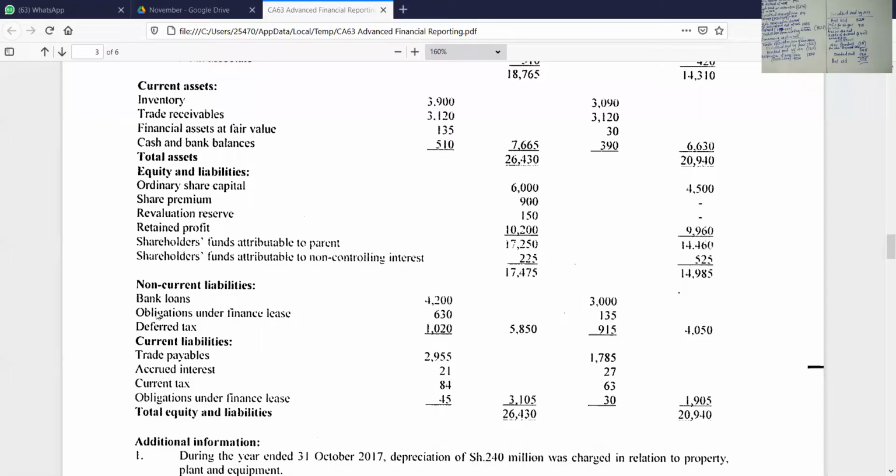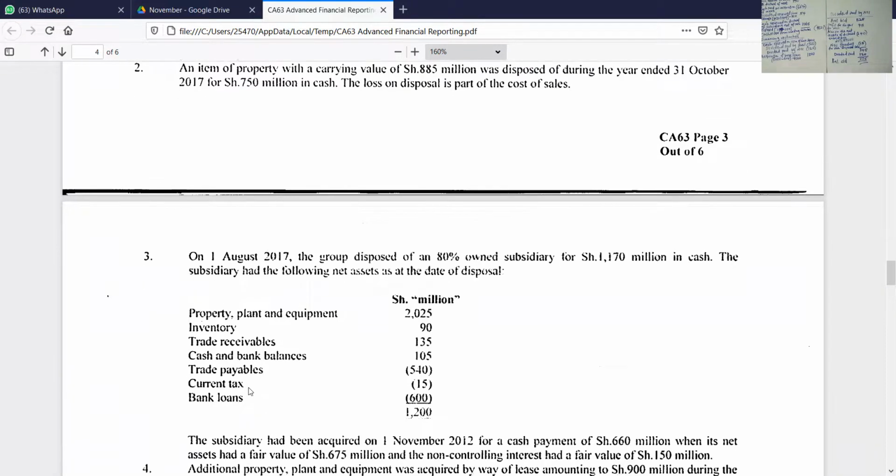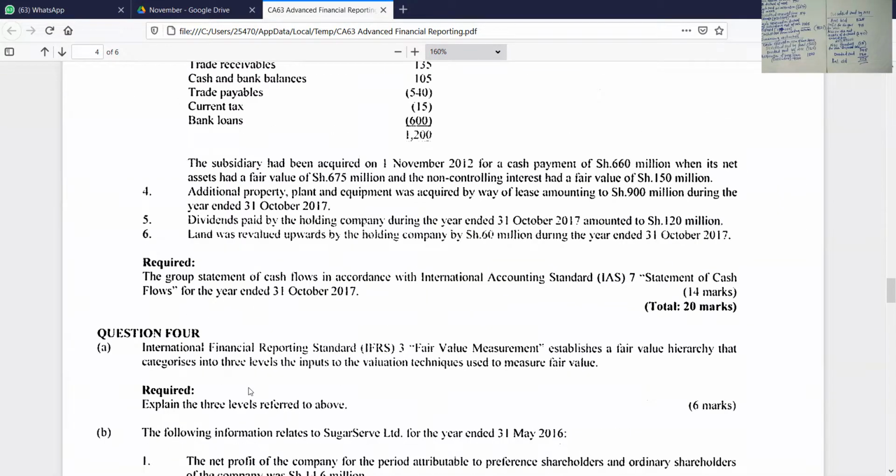Another thing here, after we are done with the bank loan, is the obligation under finance lease. There is one for non-current liability, and you can see there's another one down there under the current liability, obligation under finance lease. So we have to combine the two. Then we have again to check anything which was affecting that lease, like now in note 4.